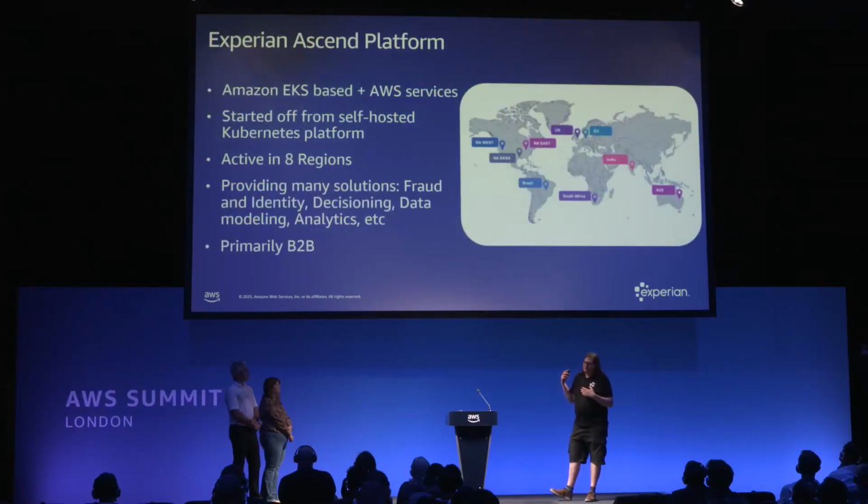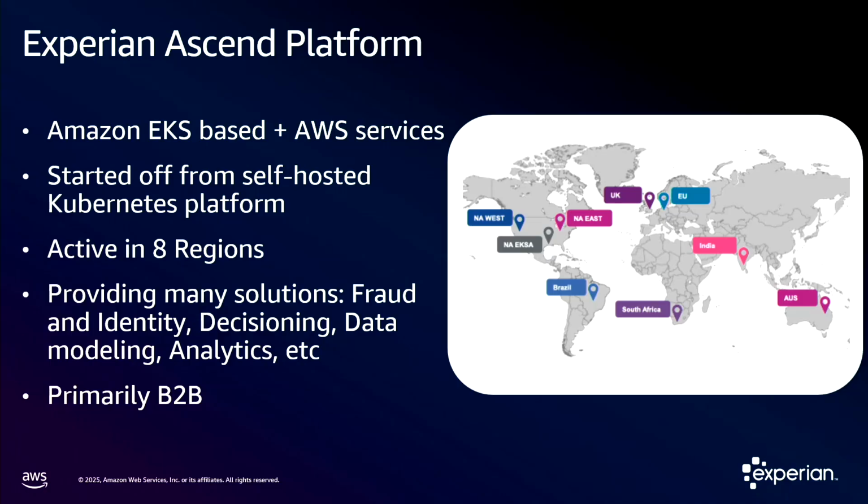I'm here to talk to you about the Experian Ascent platform. We wrote the platform many years ago, and it's mainly EKS based with multiple AWS services today. But this is not where we started. We set out this goal to host a multitude of SaaS offerings to our customers, and those solutions are all Experian-based products.